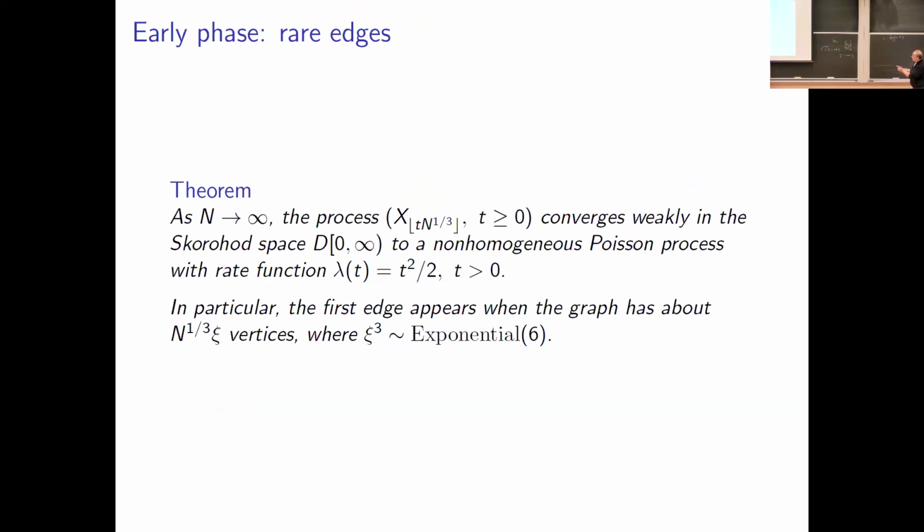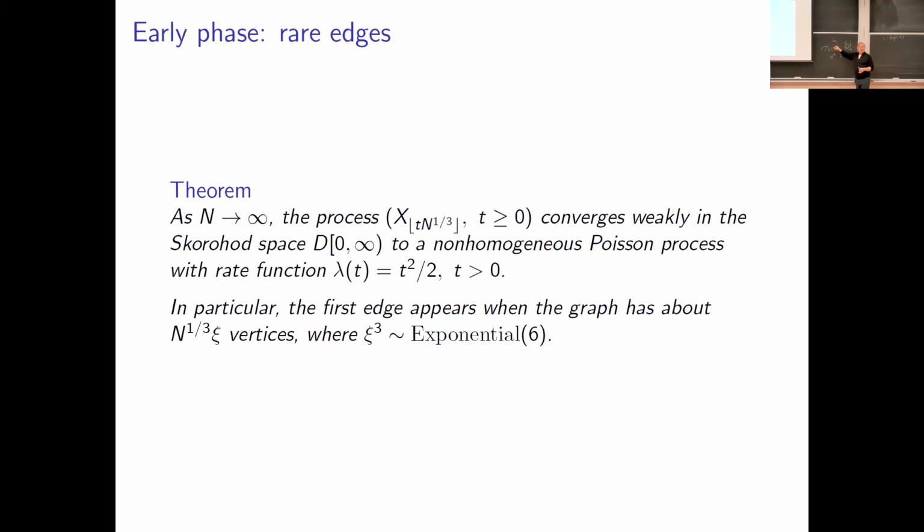But before going to that, let's look at what happens at the beginning of the process. At the beginning of the process, we have a Poisson approximation on the scale cubic root of n. That is to say, when we sample from this pool of virtual elements, the first edge will appear after cubic root n time, approximately. So we need to sample n^(1/3) to get the first edge in the picture.